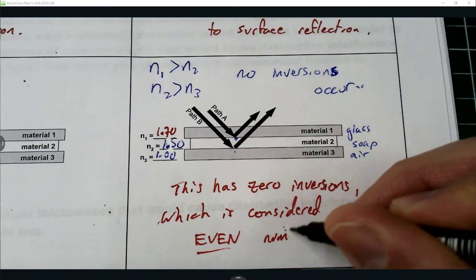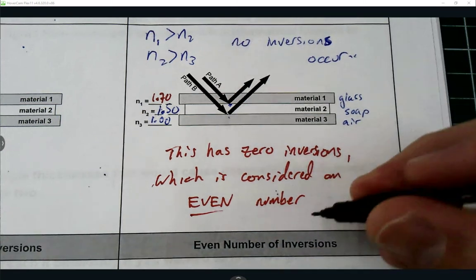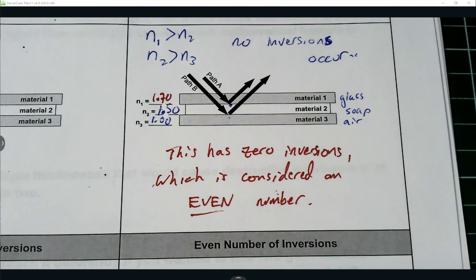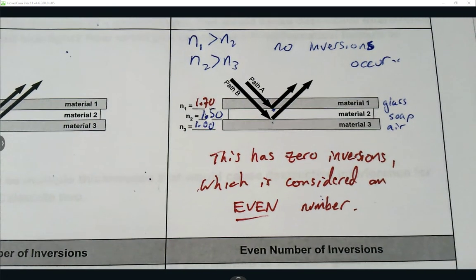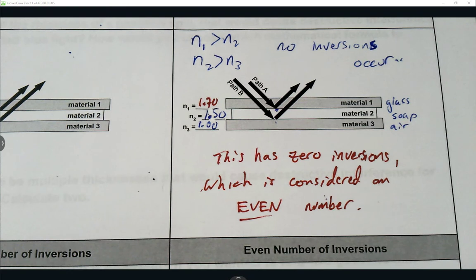Whether or not everybody considers 0 to be even, I'll leave that to the math philosophers. But for us, it's even, because it's not odd.